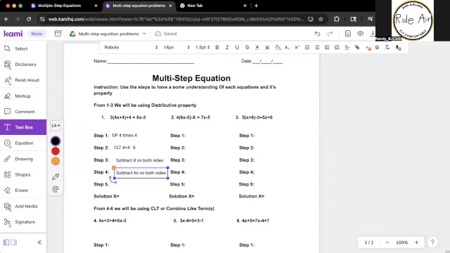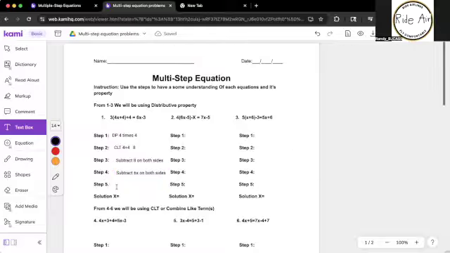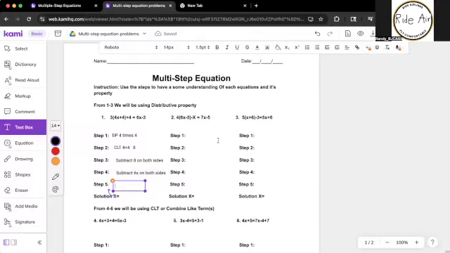And our answer for this is that 12 minus 6 will give me a 6 as my solution. So now for my solution, it is 6x is equal to.